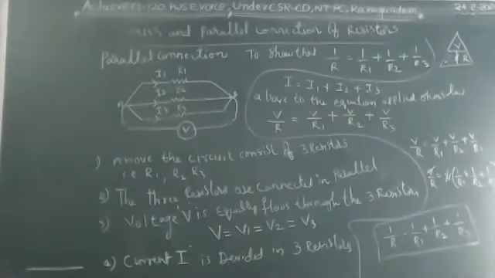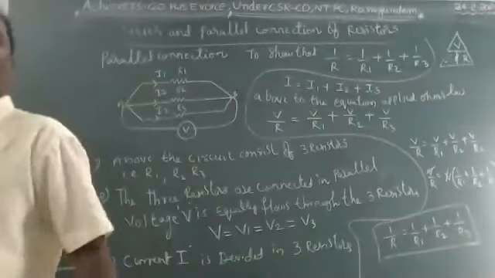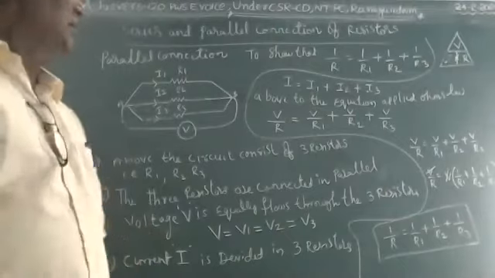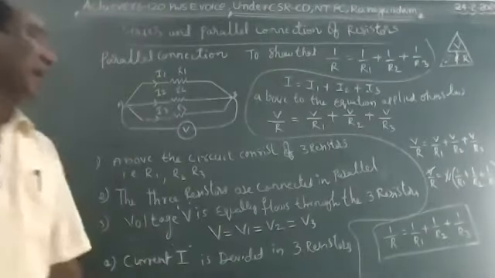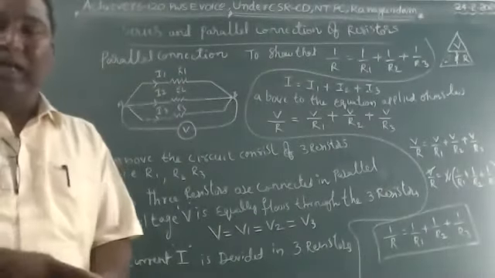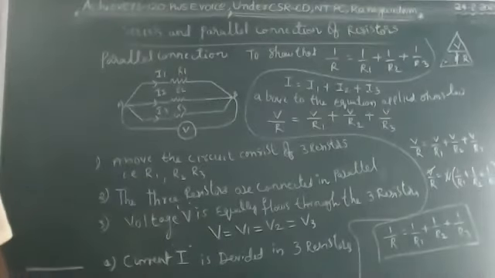It is the parallel connection formula, children. Okay. Parallel connection: 1 by R equals 1 by R1 plus 1 by R2 plus 1 by R3.